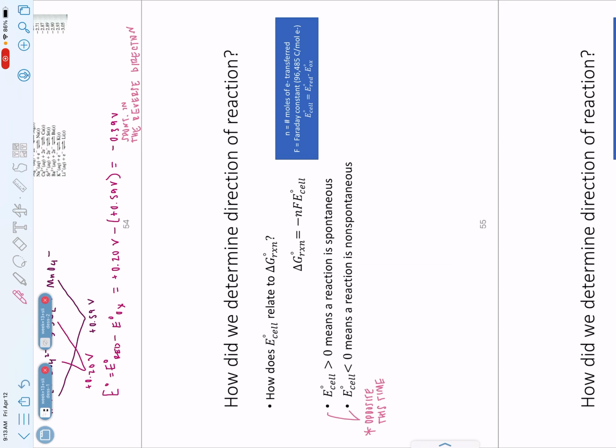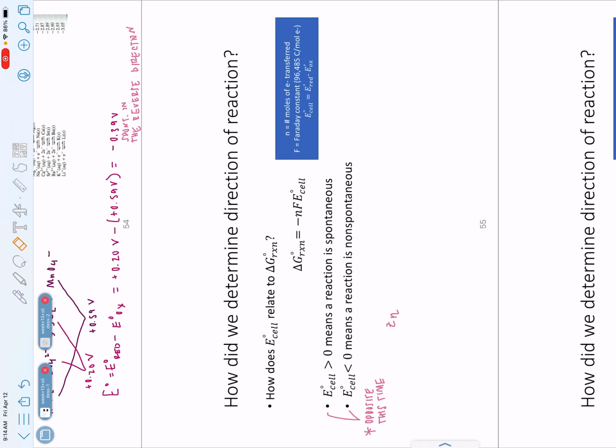N is the number of moles of electrons that we must move in a balanced chemical process. If I look at this reaction right here, N is equal to 2. I have to move 2 moles of electrons in that balanced equation in order to make that reaction work.